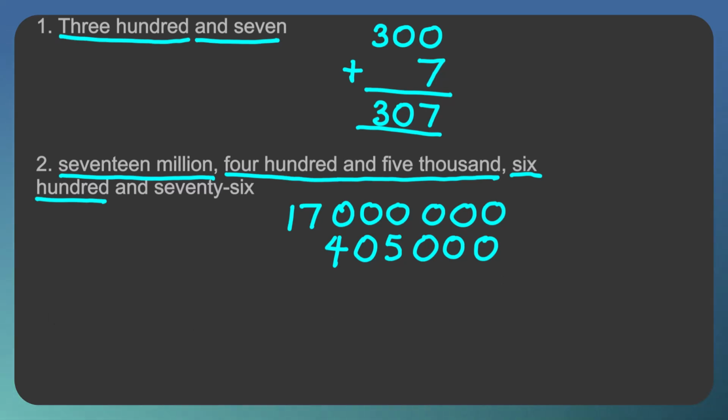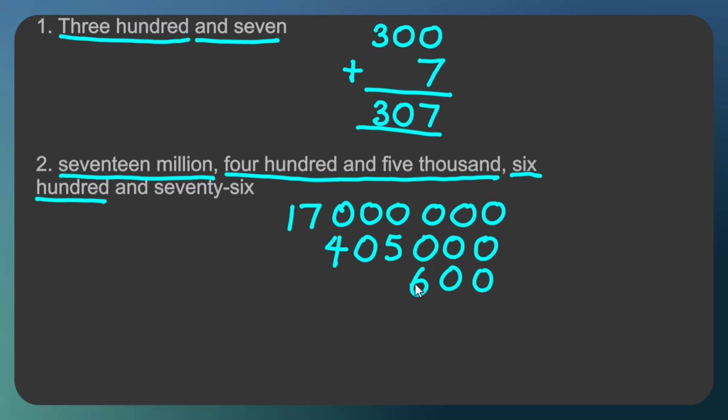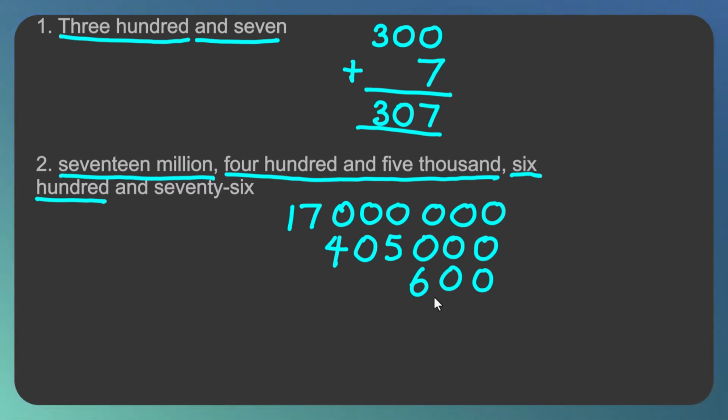The lowest are the two zeros, and then we have our 6 at the third place value, which is the 100 place value. Then our 76 is going to be written below this 600. We have our 6 placed at the ones place value, and we have our 7, or you can write 70 and then put 6 below it.